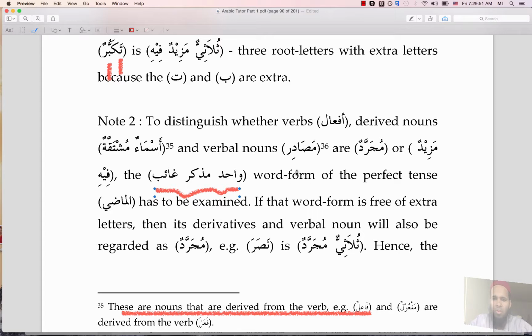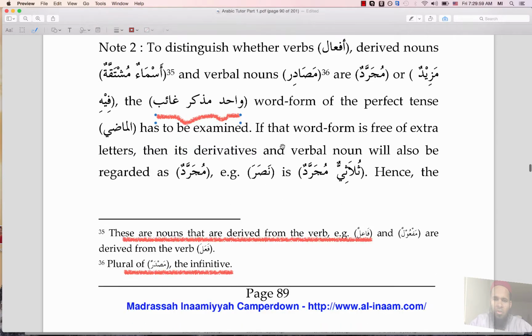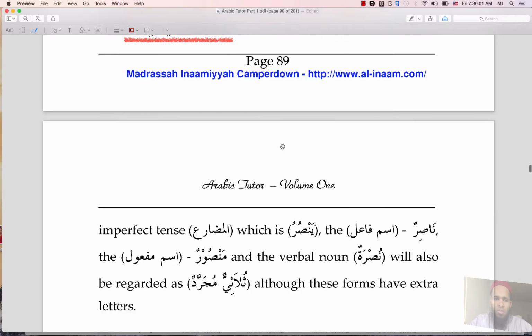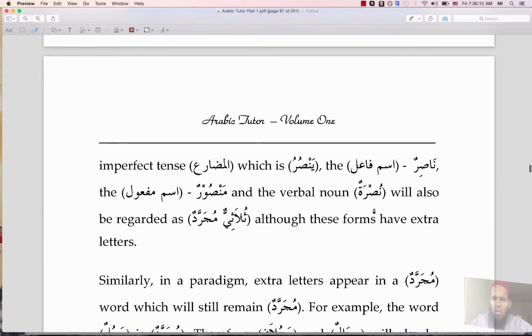So you have to look into the perfect tense, the madi. So nasara is thulathi mujarrad, no doubt about that. Hence the imperfect tense al-mudari', which is yansuru, ismul fa'il nasirun, ismul maf'ul mansurun, and the verbal noun nusratun will also be regarded as thulathi mujarrad, although these forms have extra letters.